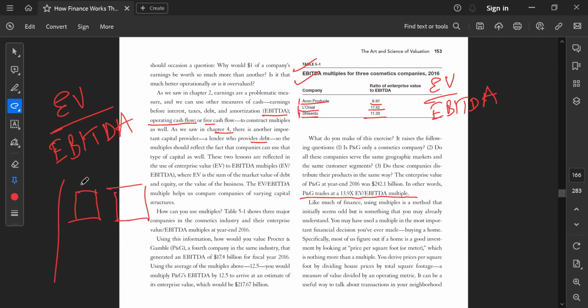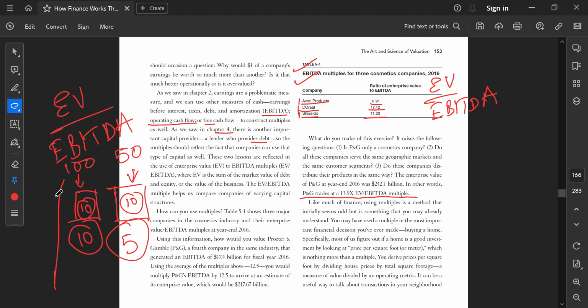But let's say this home value is 100 rupees and this home value is 50 rupees, and these both have the same area. Now that is 10 units. Now if you calculate, then per unit value of this property will be 10 rupees, but in this case it will be 5 rupees.